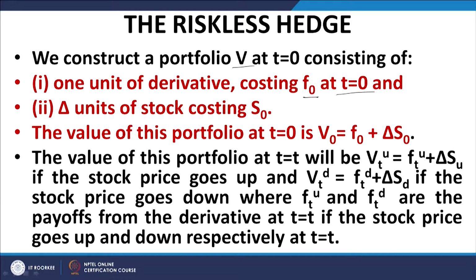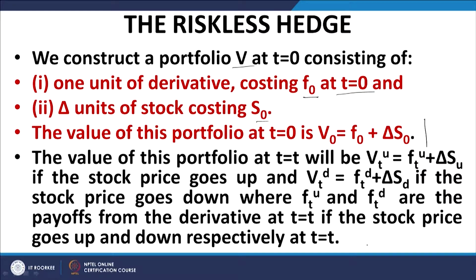So, 1 unit of the derivative costing f0 at t equal to 0 and delta units of the stock, 1 unit of the stock costing S0, so delta units costing delta S0. The total value of this portfolio at t equal to 0 is given by f0 plus delta S0. This is the value of the portfolio at t equal to 0, let us call it V0.